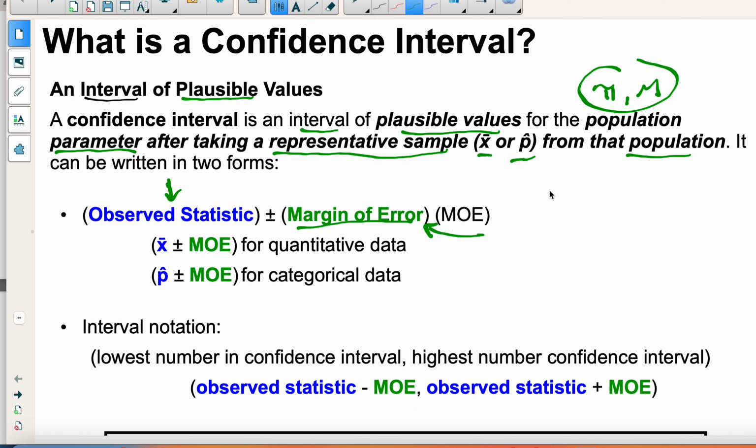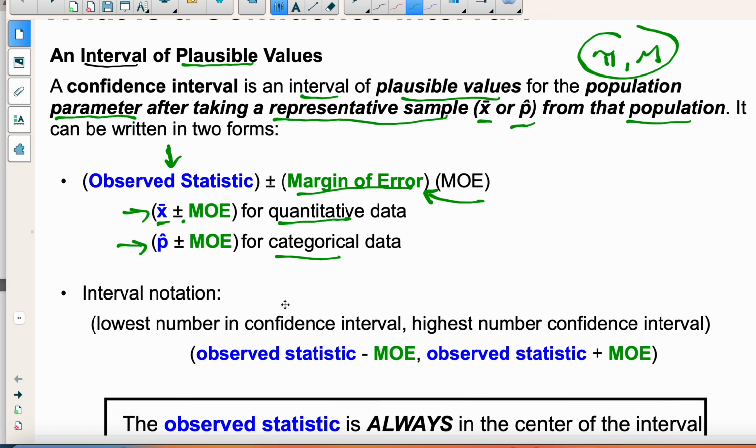It's like, okay, we took a sample and we got an x bar or a p hat, but it could be higher or it could be lower. So we're giving a range of plausible values. It can be the form x bar plus or minus the margin of error, because we have quantitative data. We have p hat plus or minus the margin of error for categorical.